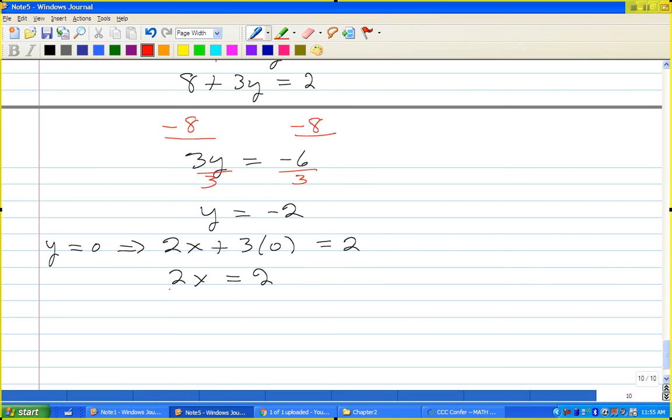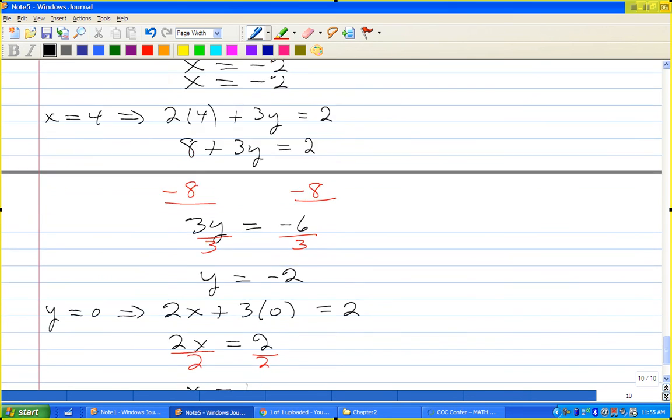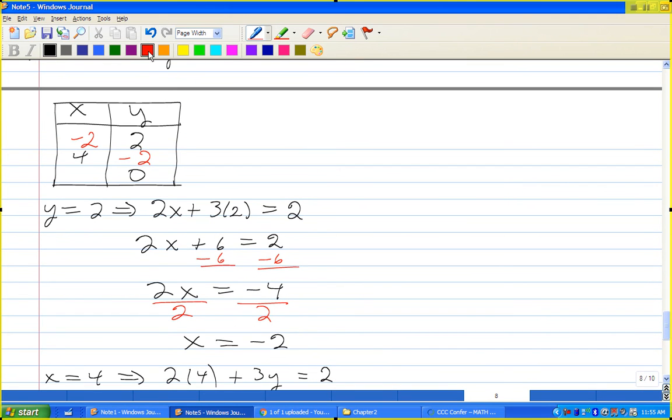Divide both sides of the equation by 2. So x equals 1. So let's try to sketch a graph of this.